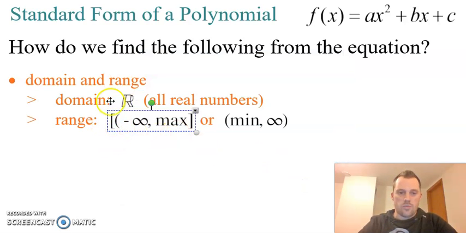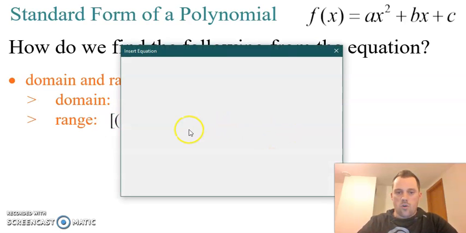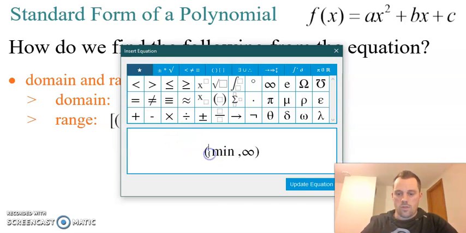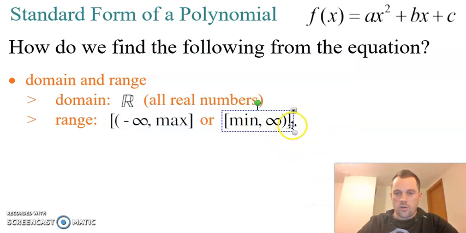Ignore that extra bracket there. But if our parabola opens up, then our vertex is the minimum and it goes up to infinity from there. So again, parentheses next to our infinity and bracket with our min or max.